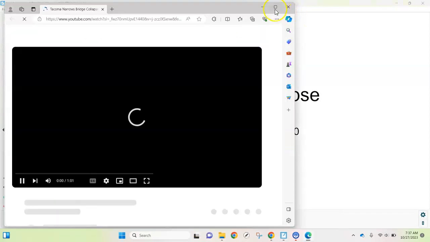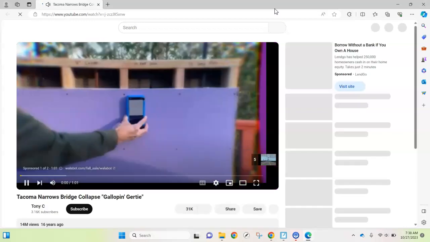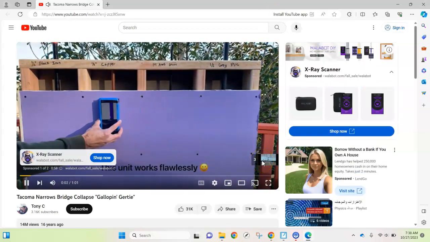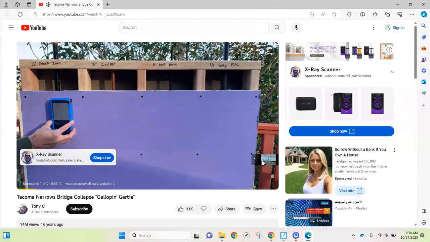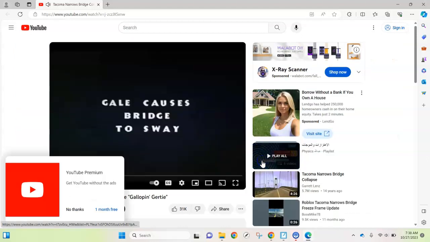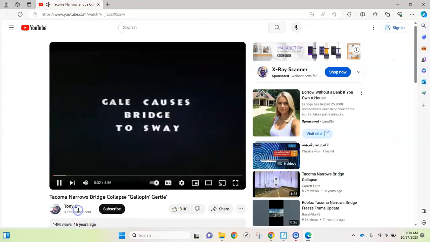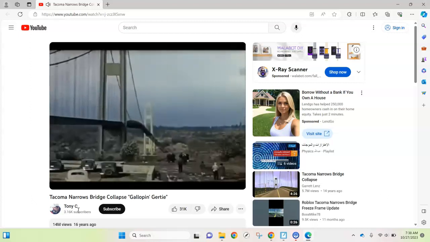So this video, try to skip it after the 5 seconds. Okay. Is basically a bridge. I think it was in Oregon, and it was across a gap.